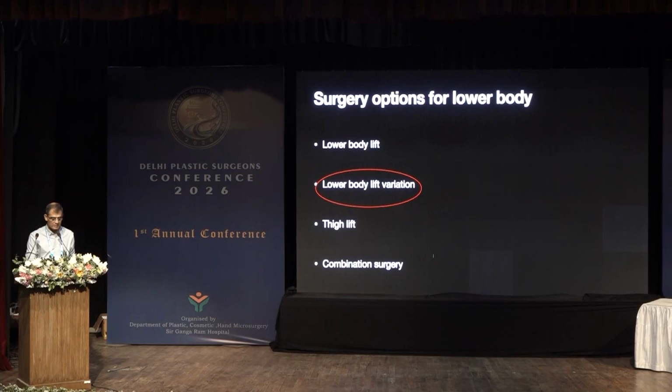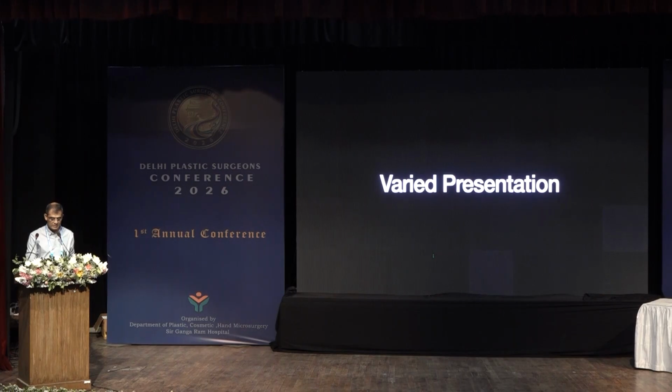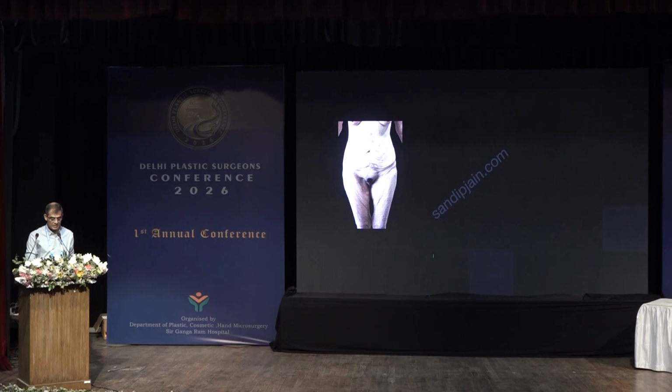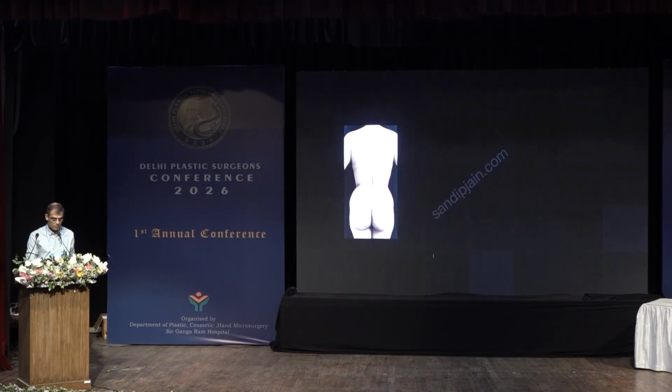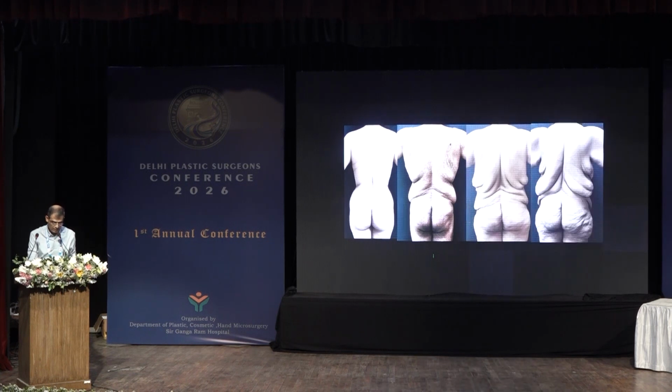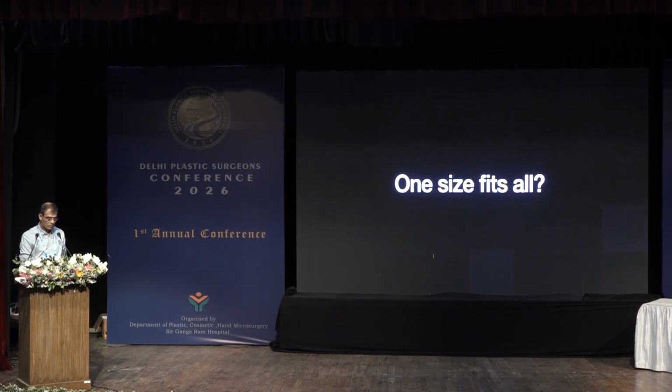Now we need different options or modifications in lower body lift because, for the simple reason, these patients of massive weight loss have varied presentation as seen here in the abdomen area and also in the back area. So obviously a one size fits all approach will not work.